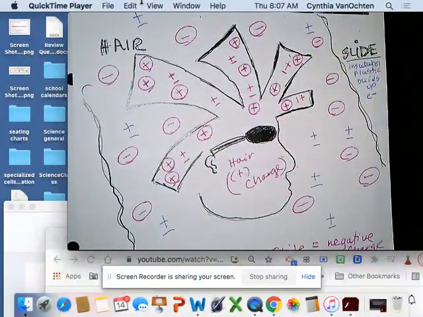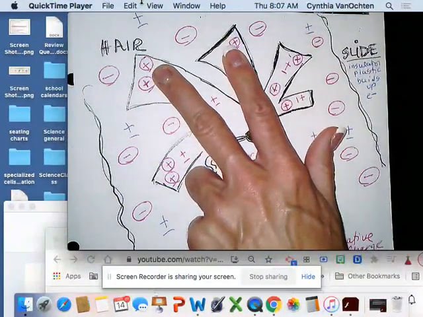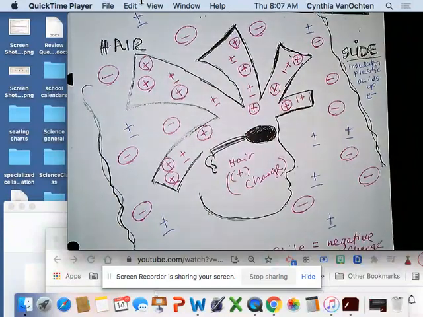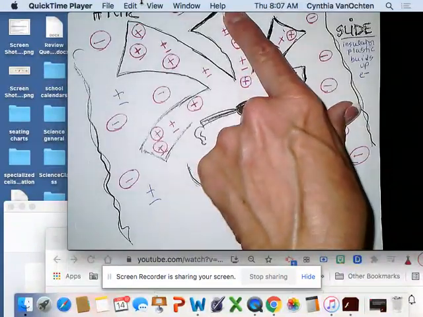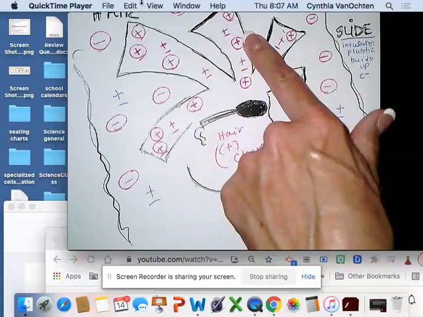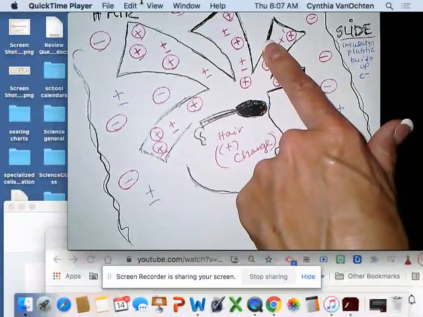Is that what you're saying, or no? Okay, the hair strands repel each other. Why do the hair strands repel each other? Okay, so this hair strand is repelling that hair strand because they're both positive and like charges repel.